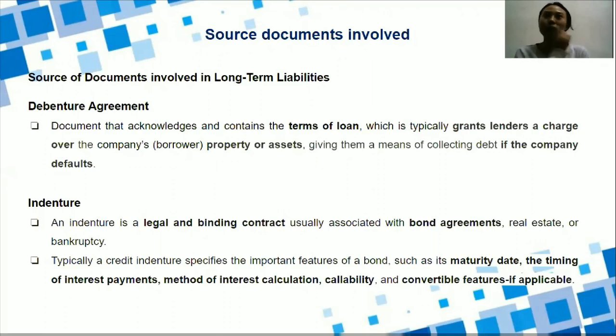Meaning that when a company issues a bond, they may state that the bond is convertible into shares, for example. So that's why all these terms will appear inside the contract, inside the indenture.